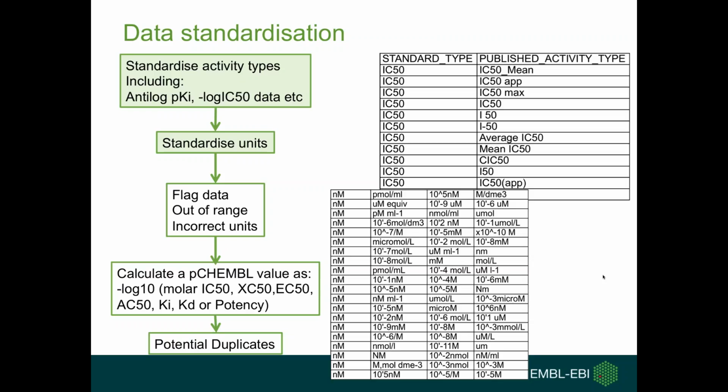So, you know, example on the top right of all the different ways people might say an IC50. And then below this, all the different units that they might specify. And this is just a subset of all the actual different measures of molarity that we do see within ChEMBL. We try to convert all of these different types of molarity measurement into nanomolar units so people can easily compare data between different assays.